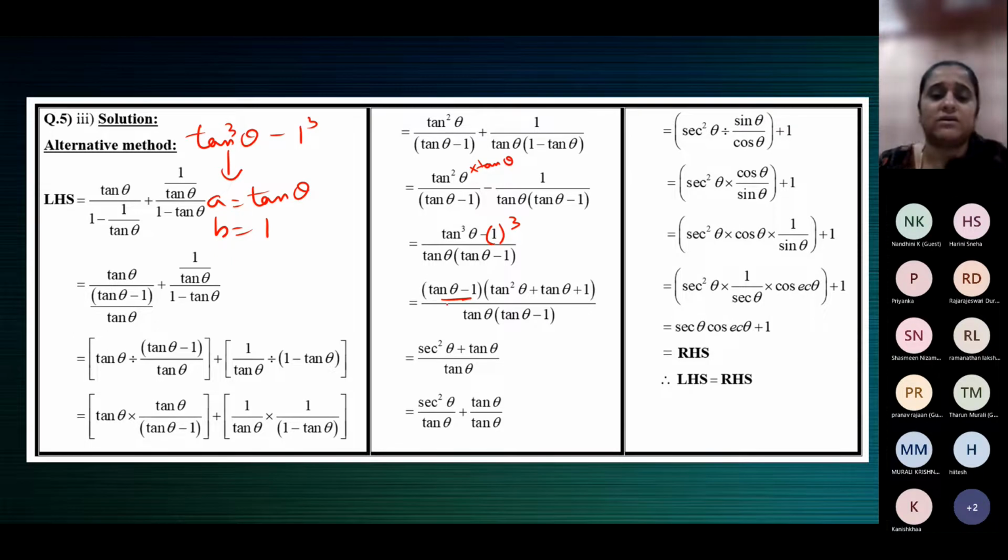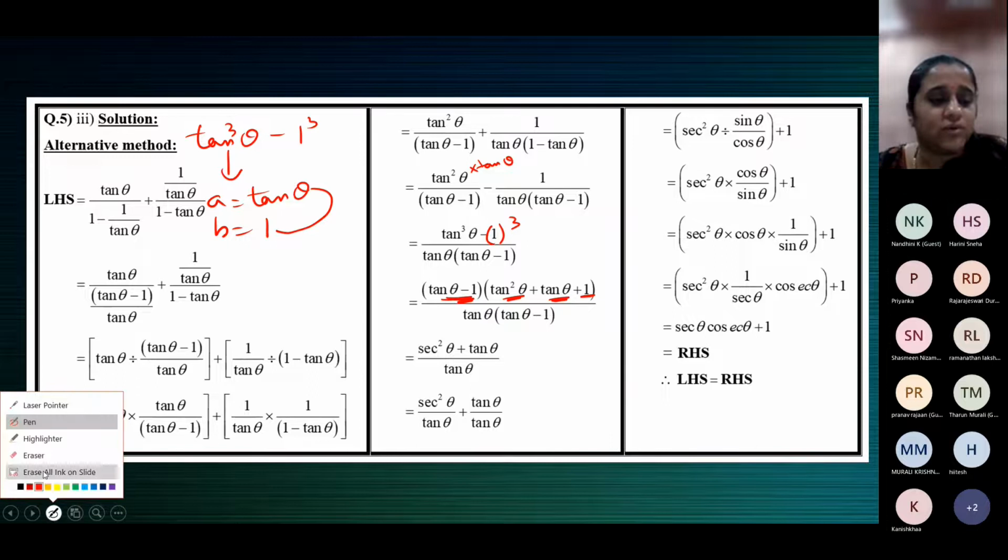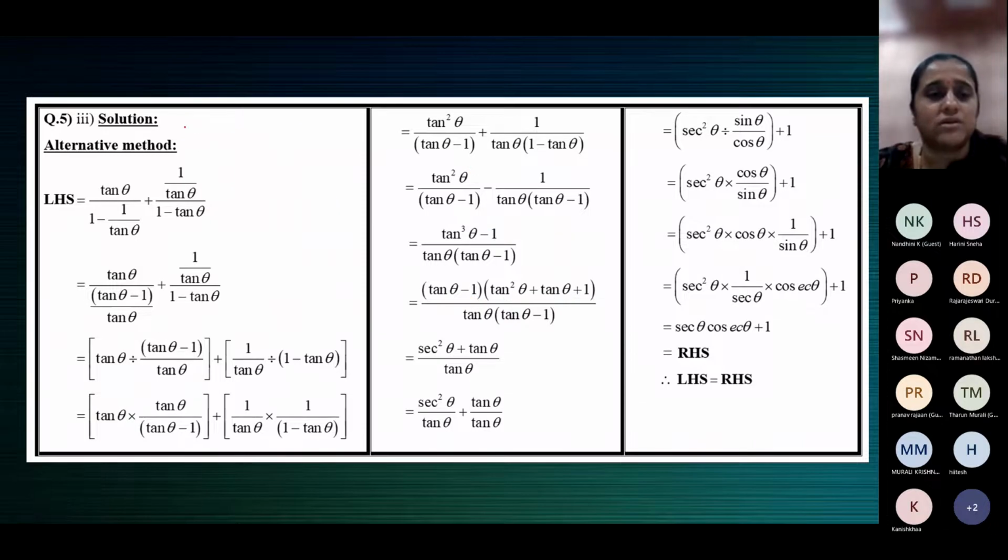So it's a minus b, that is tan theta minus 1, into a square, tan square theta, plus ab, tan theta into 1, plus b square, 1 square, which is 1. I'll write the identity for you just in case you've forgotten. 9th standard: a cubed minus b cubed is equal to a minus b of a square plus ab plus b square, wherein a is tan theta and b is 1.